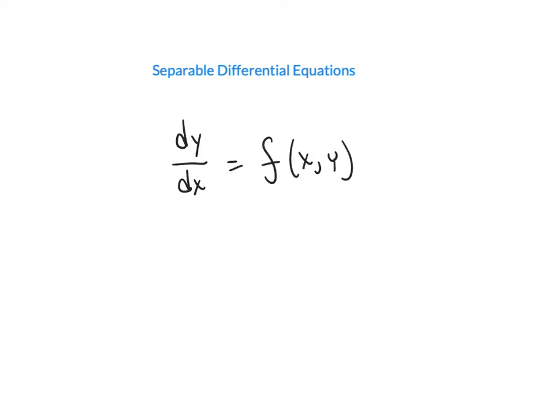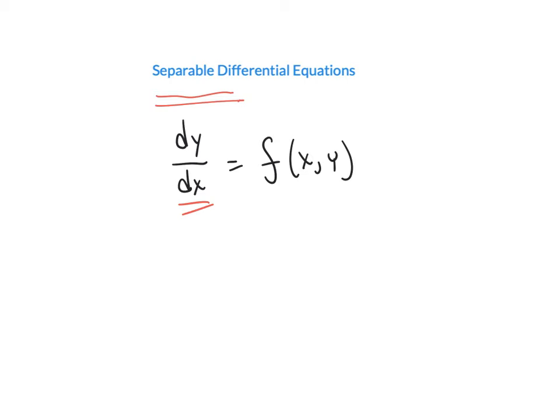When the differential equation involves the first derivative and no higher derivatives, that's called a first order differential equation. And that's what we're going to tackle. In fact, we're going to tackle a very specific type of first order differential equation, which is one that's called separable.